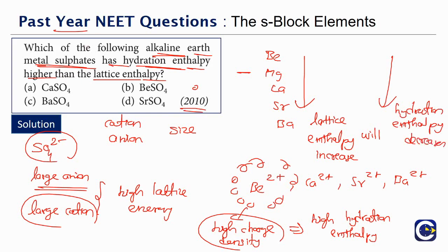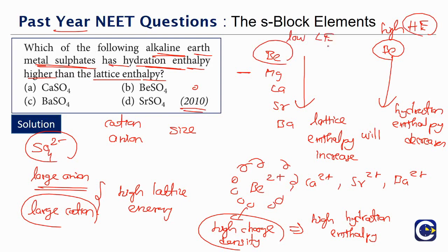Now let's come back to the question. Which of the following alkaline earth metal sulfates has higher hydration enthalpy than the lattice enthalpy? As you go down the group, hydration enthalpy is decreasing, so beryllium has the high hydration enthalpy, and beryllium also has low lattice enthalpy.